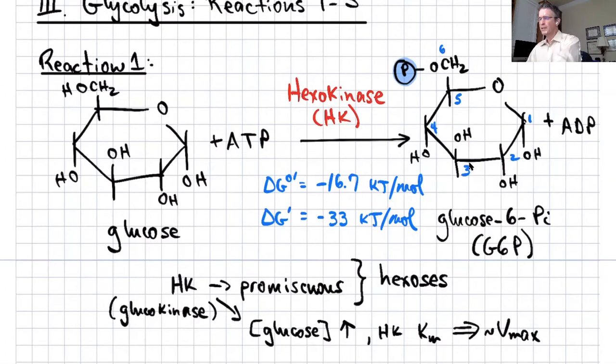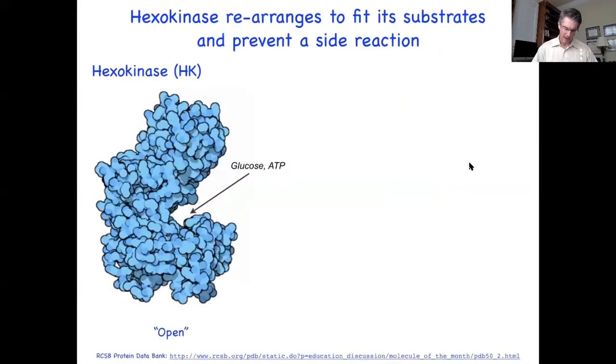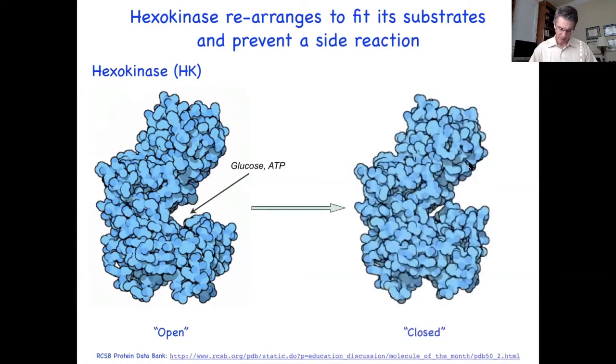Okay, let's talk a little bit more about hexokinase as an enzyme, just to refresh your memory. You remember this enzyme has this Pac-Man-like structure. It's got these 2 lobes. It's similar to the actin fold. And you remember, of course, that when glucose binds into the active site of the enzyme, the Pac-Man closes down.